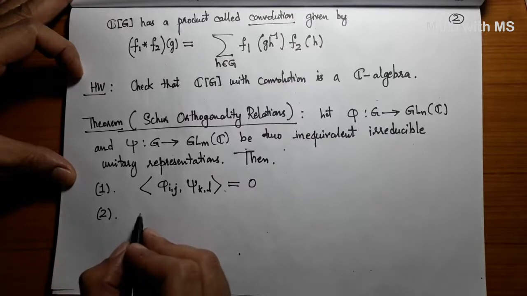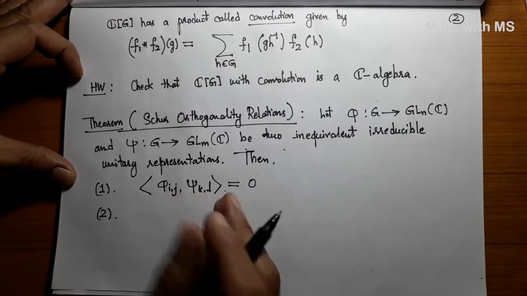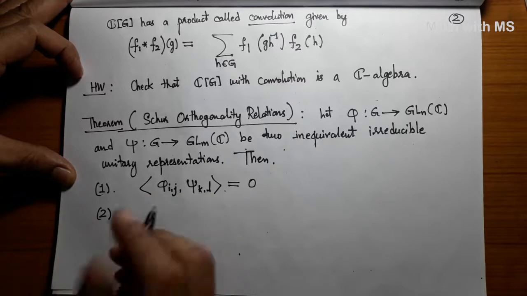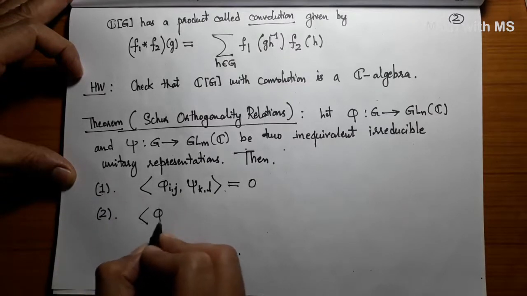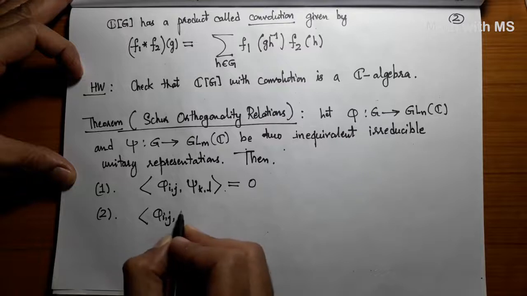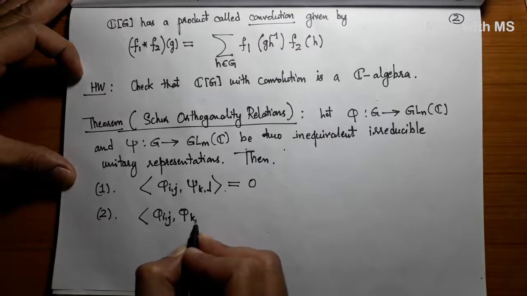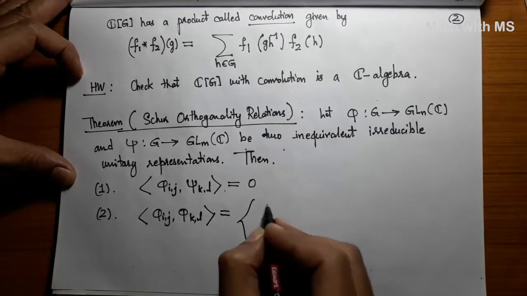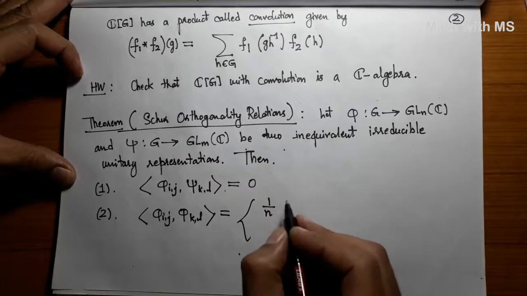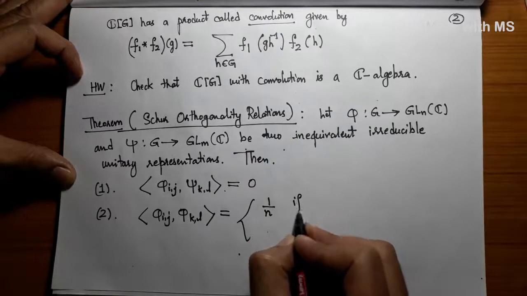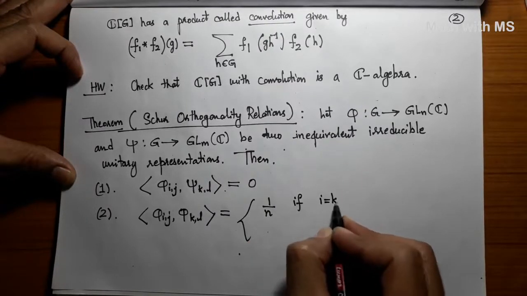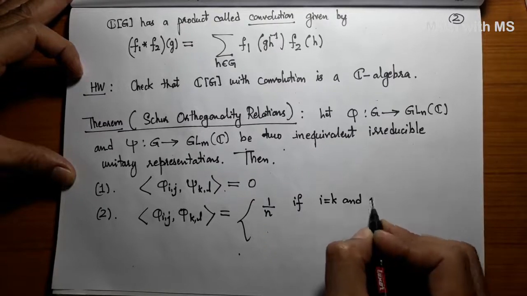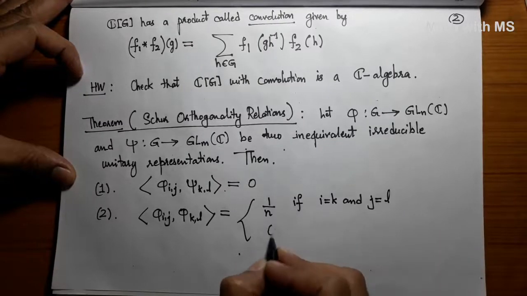Second, what if we take the inner product of the coordinate functions of the same representation? Then the inner product of phi_ij and phi_kl turns out to be again nicely behaved: 1 by n if i is k and j is l, and 0 otherwise.